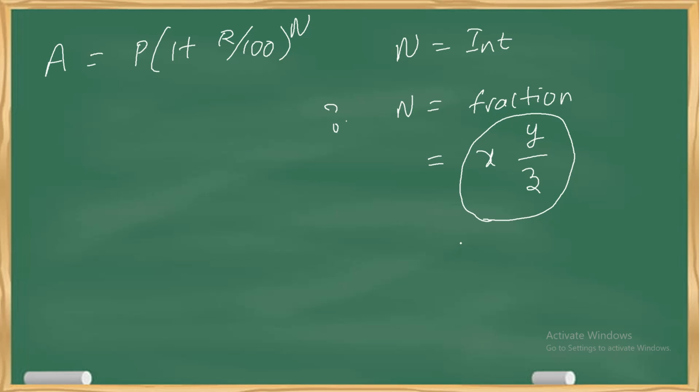Okay, so we'll look into this now. The formula will become P into (1 plus R by 100) whole power x years, into (1 plus y by z into R by 100).